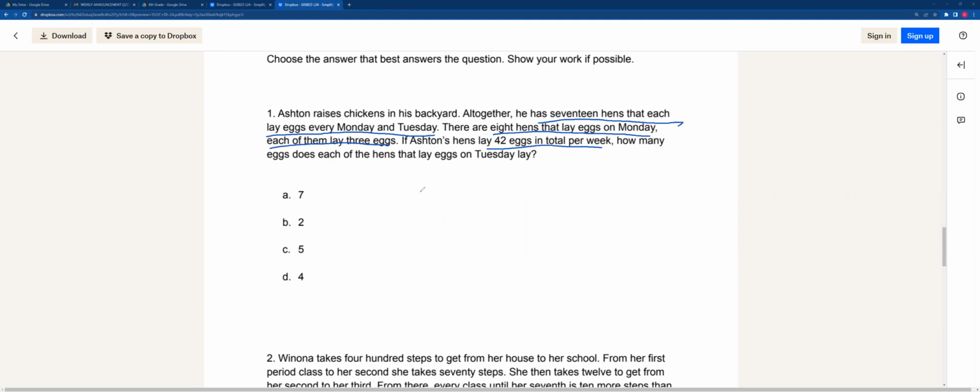So 17 hens that each lay eggs on Monday and Tuesday. There are 8 hens that lay on Monday, and each of them lay 3 eggs. And then Ashton's hens lay 42 eggs in total per week.